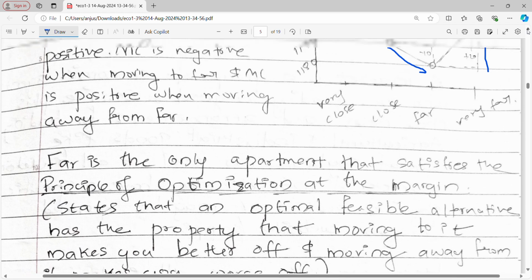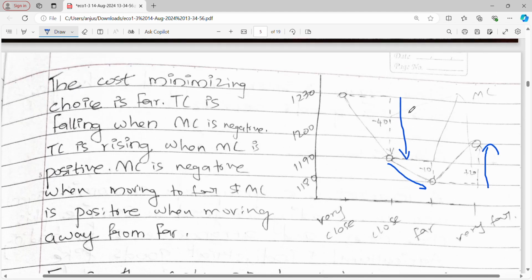So you discovered it, right? Let me draw it again. So here the TC curve is in a bowl-like shape.